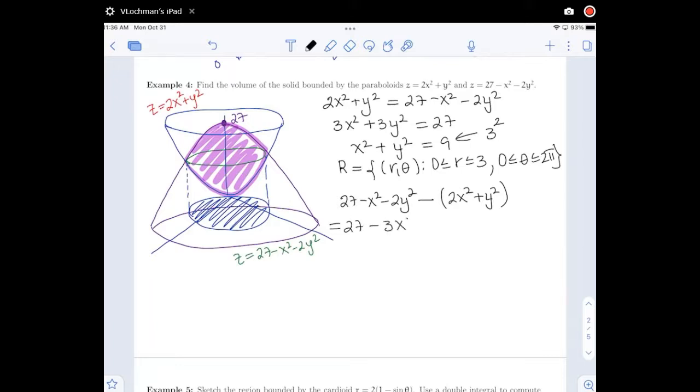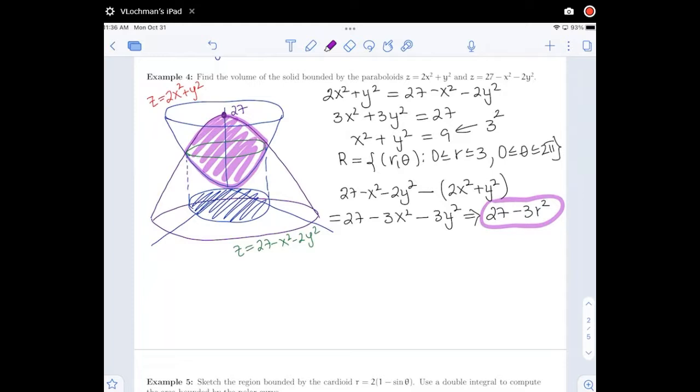We get 3x squared and minus 3y squared, and we can convert that to 27 minus 3r squared. So our function that we're going to be integrating is this difference, and we can easily convert that into a function of just r, not theta. Now we can compute that volume.